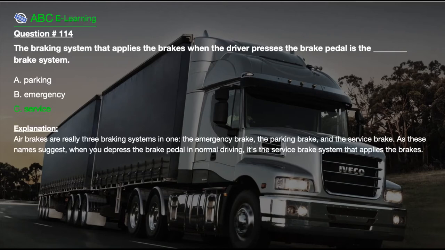The correct answer is C. Service. Explanation. Air brakes are really 3 braking systems in one: the emergency brake, the parking brake, and the service brake. As these names suggest, when you depress the brake pedal in normal driving, it's the service brake system that applies the brakes.